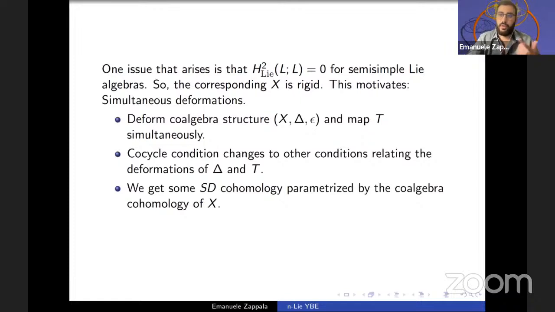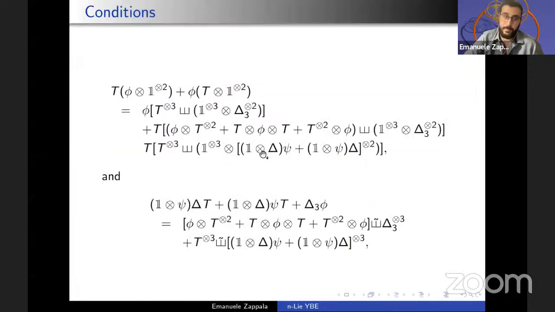So what you want to do at this point, something that is possible to do, is to deform also the co-multiplication, because up to here I was deforming only T, the self-distributive operation, but the co-multiplication was fixed. I can deform everything, of course, so all the maps together simultaneously, and get a more general cohomology and perhaps more general classes.